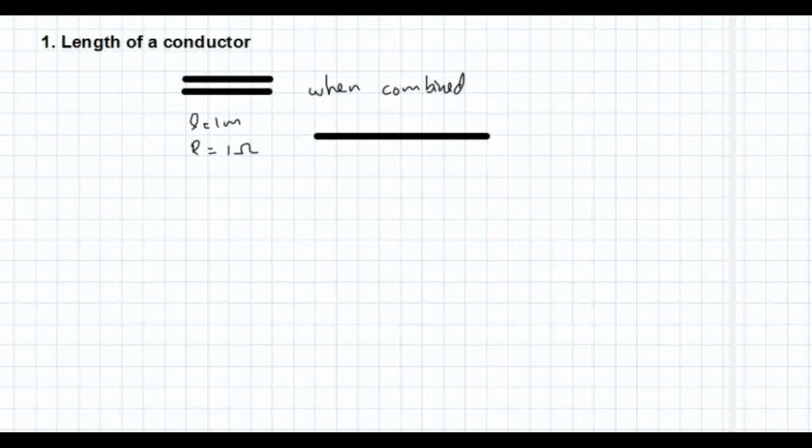Suppose this is our new wire of length 2 meter. For the first 1 meter the resistance is 1 ohm, for the second 1 meter the resistance is 1 ohm, therefore the total resistance is 2 ohm.